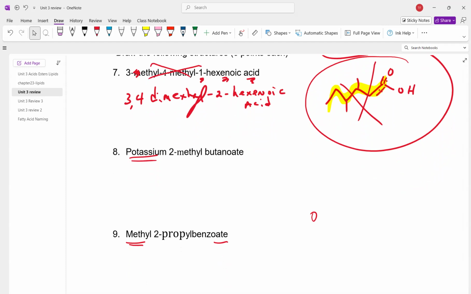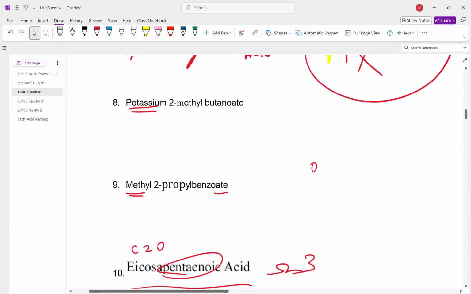Okay. So as soon as I see sodium or potassium, boom, it's a salt. Right away, we're going to have a K over here. And butanoate, that means it's a 4-carbon acid backbone.